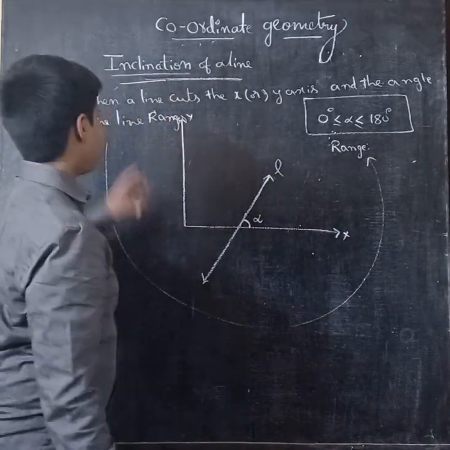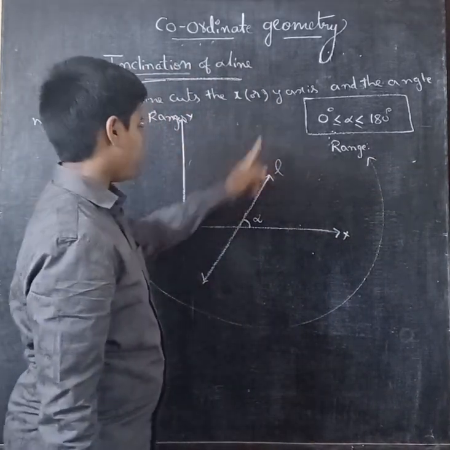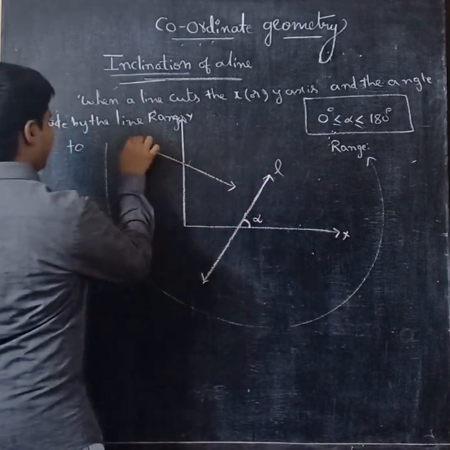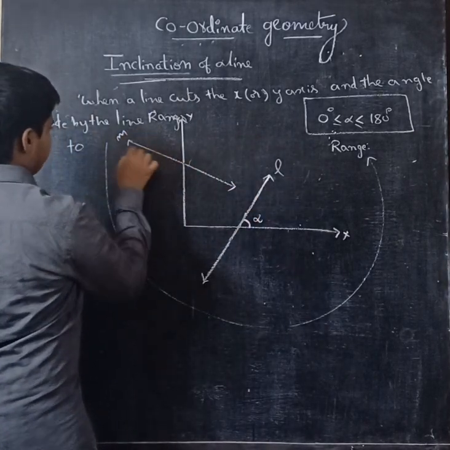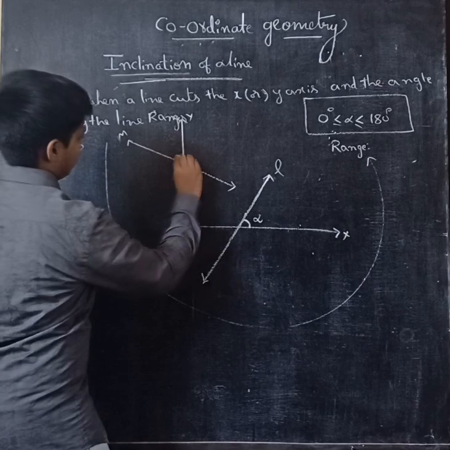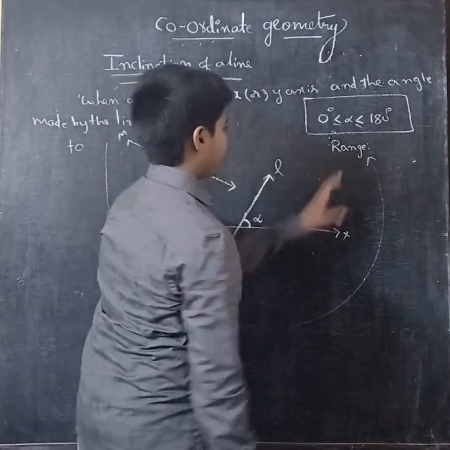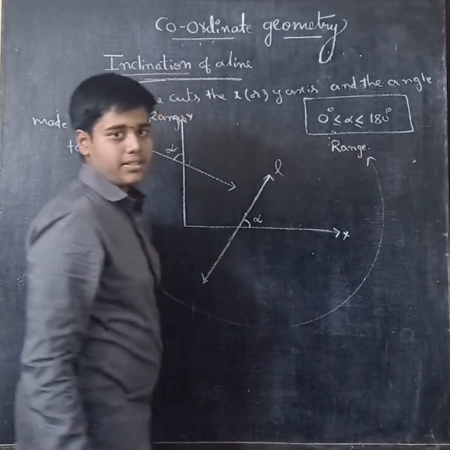Okay, when a line cuts the x-axis or y-axis, if I take a line L or M, the angle made by this is alpha, and this alpha ranges from 0 to 180 degrees.